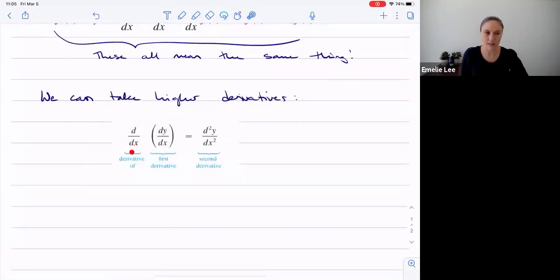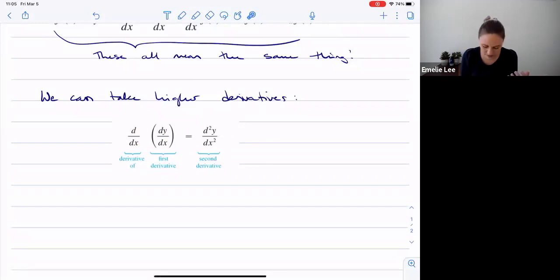So I'm taking d dx, which is a very common notation for saying I'm taking the derivative. So I'll take the derivative of dy dx. That's really d dx of y, right? And so take the derivative of y with respect to x. Okay, and then so I'm taking the derivative of the first derivative, which I can rewrite as d squared.